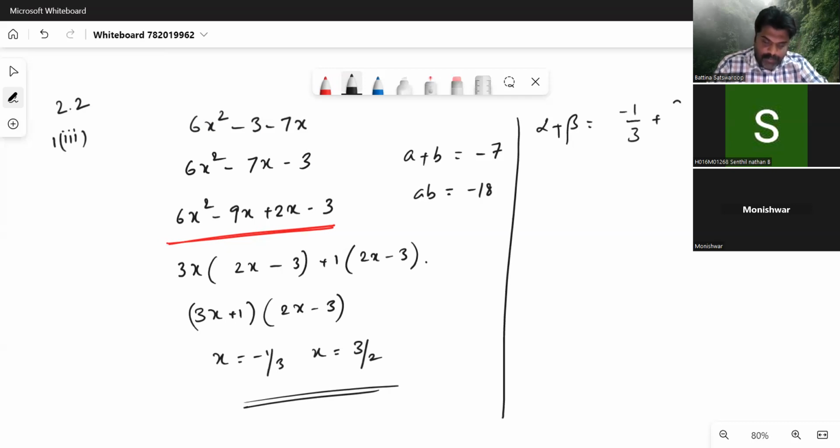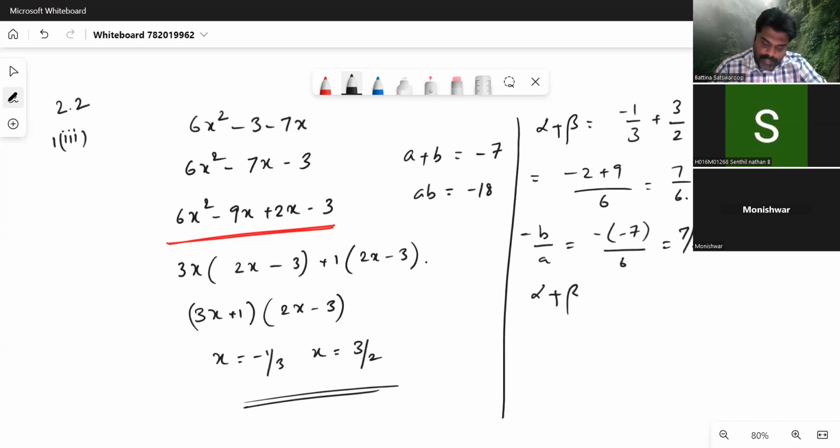Minus 1 by 3 plus 3 by 2. Take LCM. 7 by 6. Also you know minus b by a will be equal to minus of minus 7 by 6. That is 7 by 6. Therefore I can say alpha plus beta is equal to minus b by a.